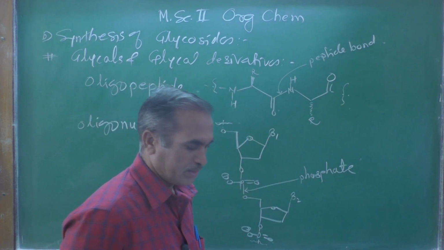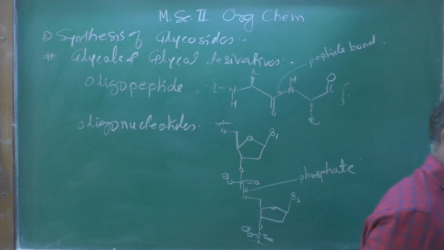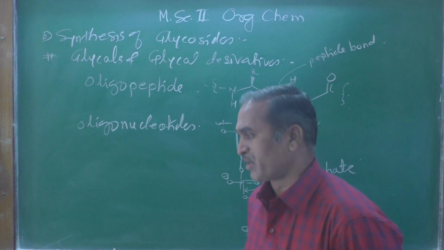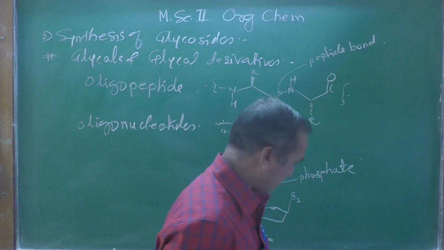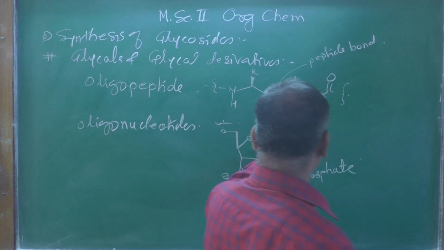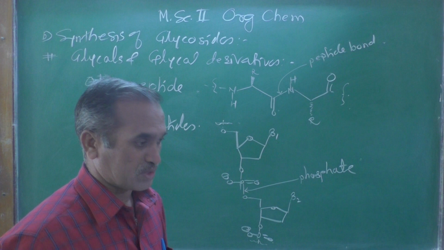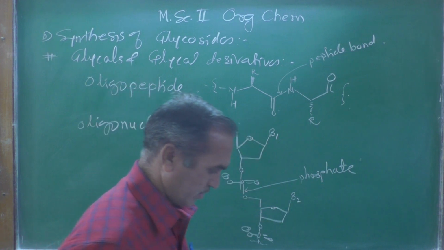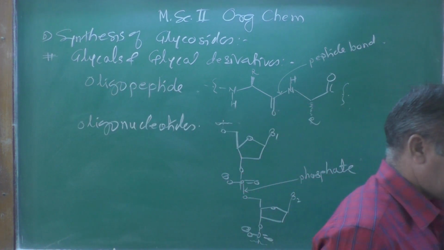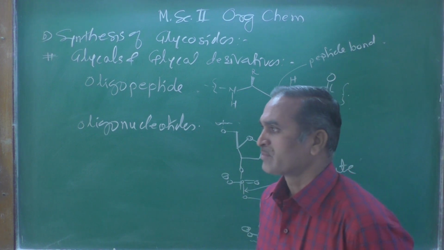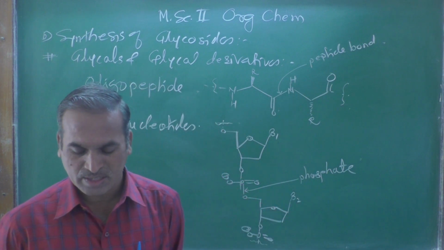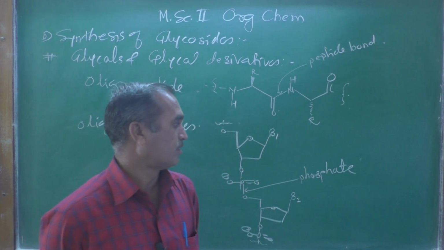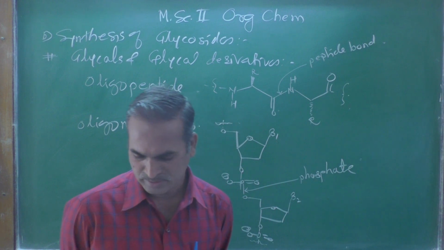B1 and B2 represent base number 1 and base number 2. As we know, there are different types of bases, such as six-membered ring heterocyclic bases, like uracil and thymine. Those are some of the bases, which we already learned in our previous lecture.